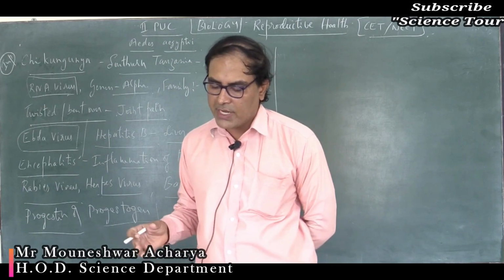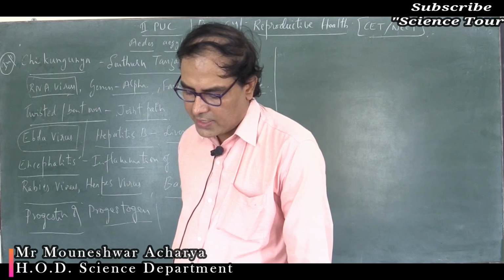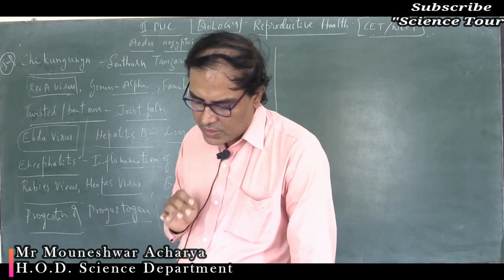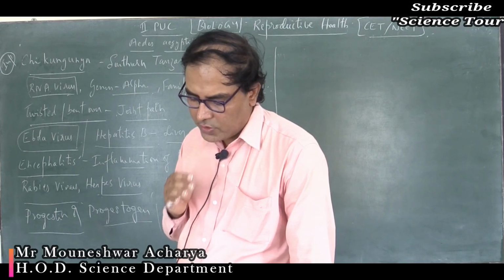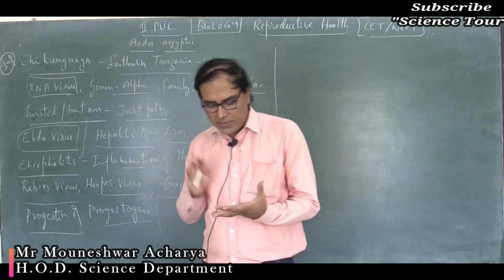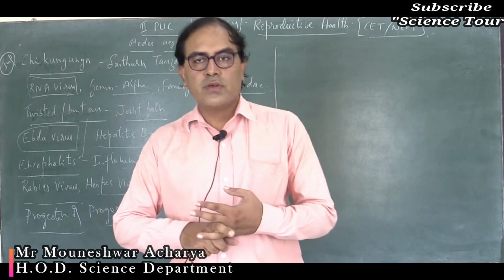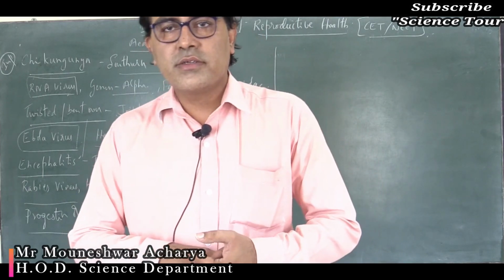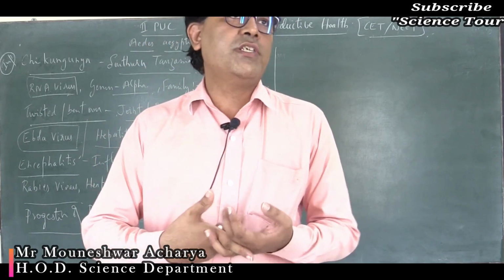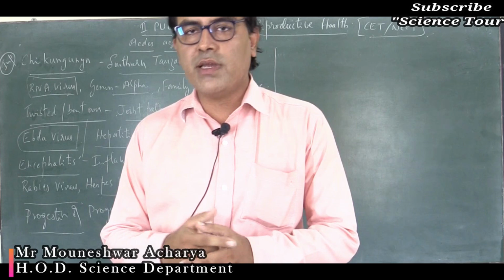Here the sperm is directly introduced into the cervix region of the female and inside the uterine cavity. Sperms can be used from the donor. In case the husband cannot produce sufficient sperms, then they have to be taken from the donor and introduced into the female reproductive tract.